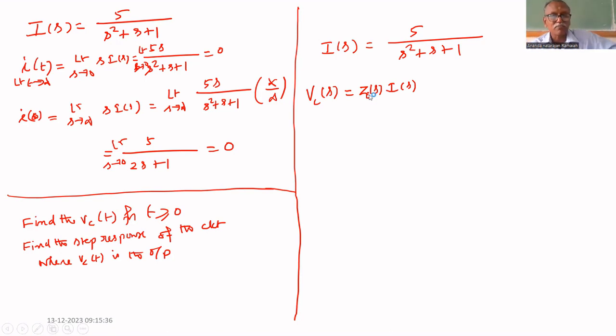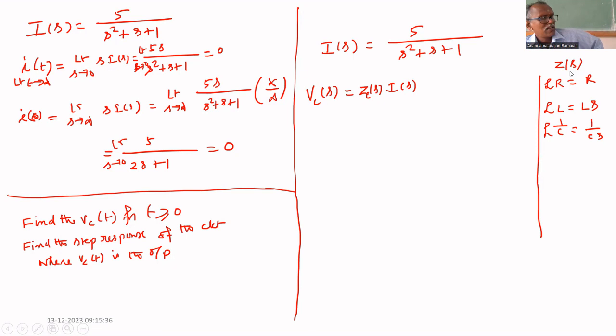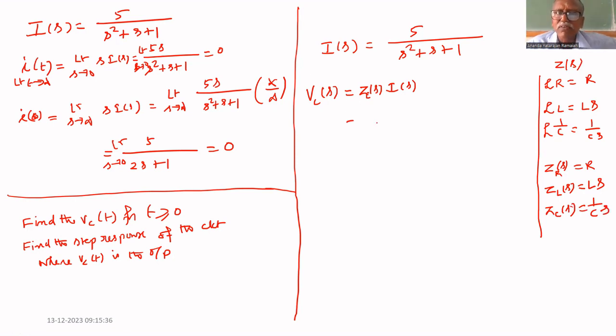Impedance of the capacitor we must know. For that you must remember one thing like this. Z R of s equal to R. Z L of s equal to Ls. Z C of s equal to 1 by Cs. This you should remember.